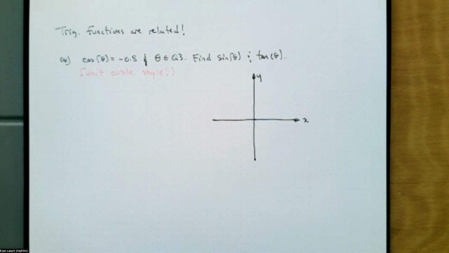I'm going to read that as the x coordinate on the unit circle, so I'm going to read cosine as x.